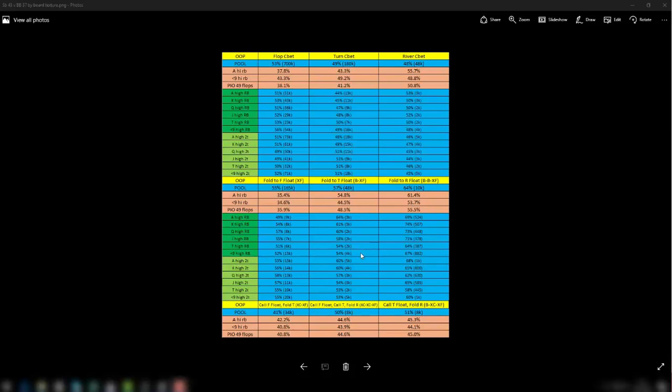board textures. So we have to assume that all the board texture types in between ace-high rainbow and 9-high rainbow are going to follow the same pattern. We don't really have to, from this, go off and do it for king-high rainbow, queen-high rainbow.